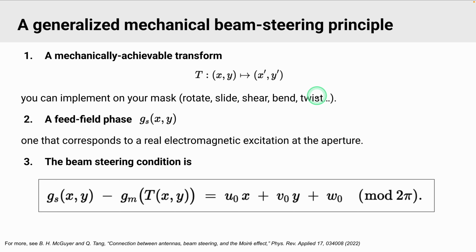We can come up with this generalized beam steering principle in a few steps. Firstly, we choose a desired mechanically achievable transformation, like rotation, sliding, shearing, etc. And then we design the feed phase distribution. In order to make sure the antenna collimates a narrow beam, the phase difference between the source and mask layer needs to be linearly regulated.